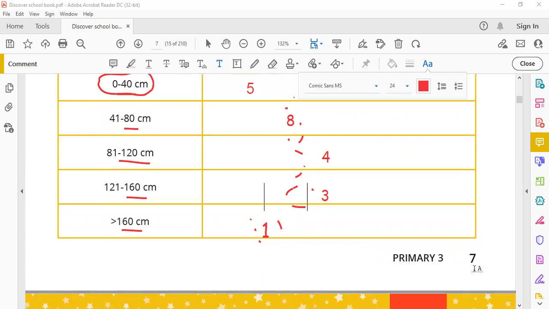I can't get the problem. The problem is 7. We are in page 7 and this is number 7. Everything is good now? Yes. Good.